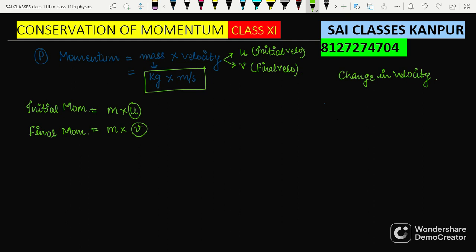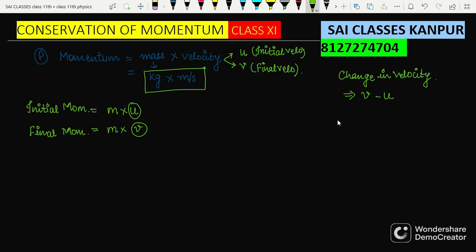Then the change in velocity would be final velocity v minus initial velocity u. Since your final velocity was 60 km per hour and your initial velocity was 20 km per hour, change in velocity would be 60 minus 20, that is equal to 40 km per hour. You got the point? This is the change in velocity.